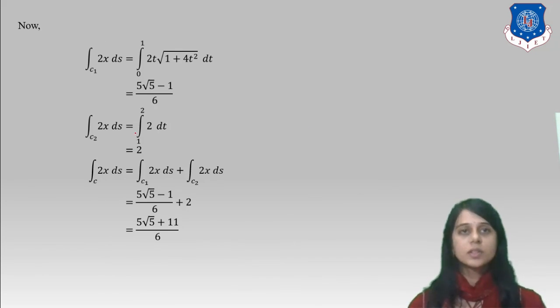Now for C1, take 2x ds, the integral from 0 to 1, where x is t, of 2t times the square root of 1 + 4t² dt. Integrating this, we get (5√5 − 1)/6. Now taking the C2 path, 2x ds with limits 1 to 2, it is 2 dt, so the answer is 2. Adding these, we get (5√5 − 1)/6 + 2. So the final answer is (5√5 + 11)/6.